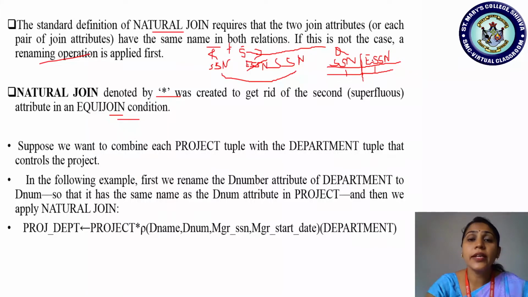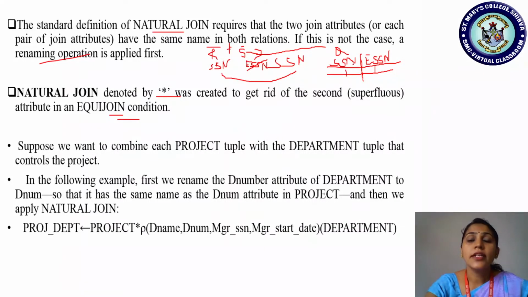Here if I apply renaming for ESSN, it becomes SSN. I am renaming ESSN to SSN. Now SSN, SSN, both the relations are having the same name. So after implementing the natural join, the tuples which are having common values will be displayed, but it will be avoiding the duplicacy of which one?